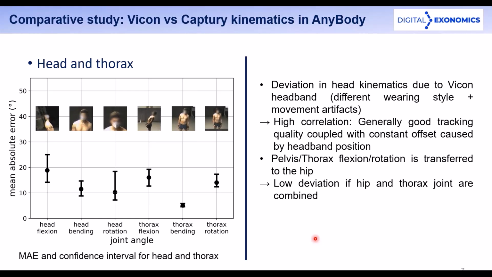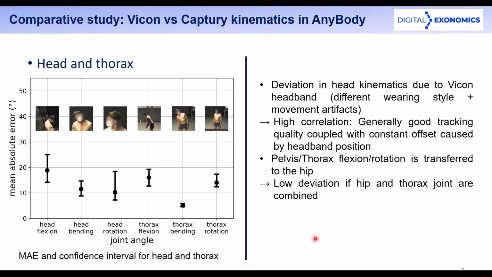At the lumbar spine, we can see that some of the motion is actually transferred down to the hip joint. For example, if you do a forward bending motion to pick up an object, you have this coupled flexion in the lumbar spine and the hip joint at the same time. What we see here is that when we use the Captury model, the lumbar spine stays quite rigid or stiff, and most of this flexion movement is put into the hip joint.